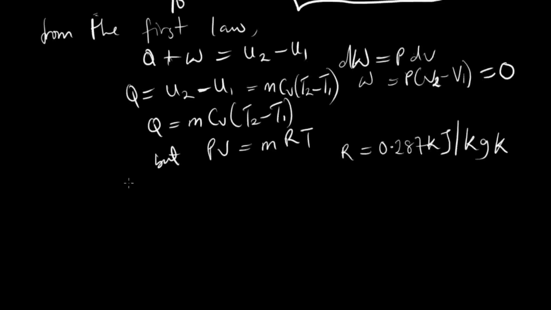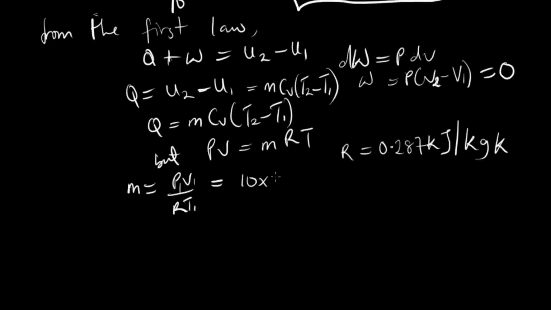So the mass is of course equal to P1 V1 over R T1. So that will give us 10 times, converting bar to kilo by dividing by 1000, whatever is remaining is 100.